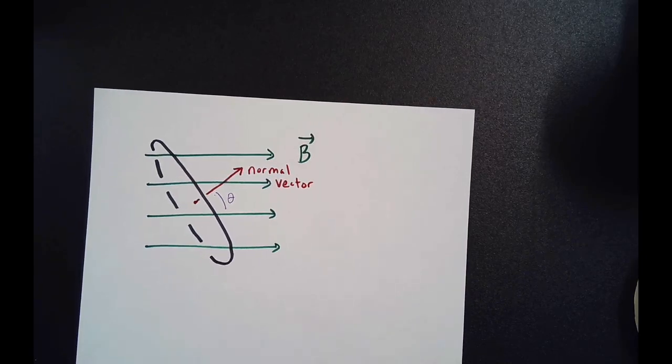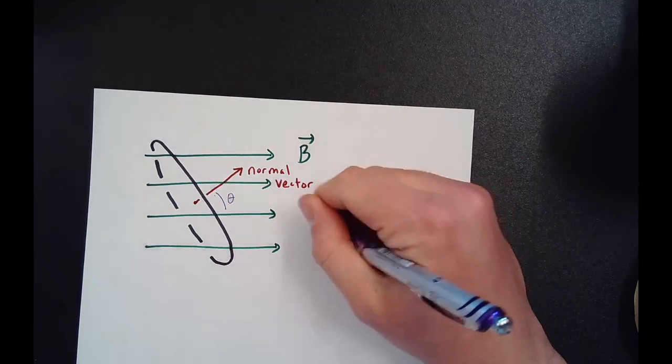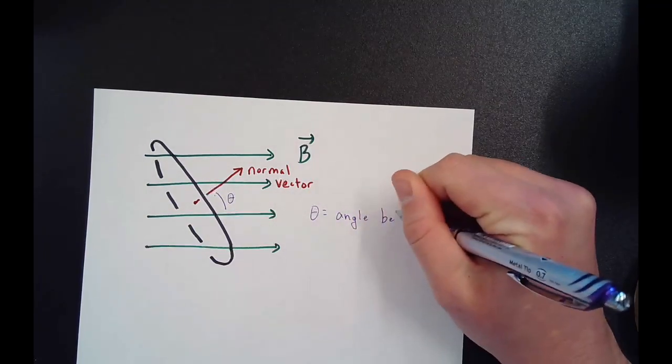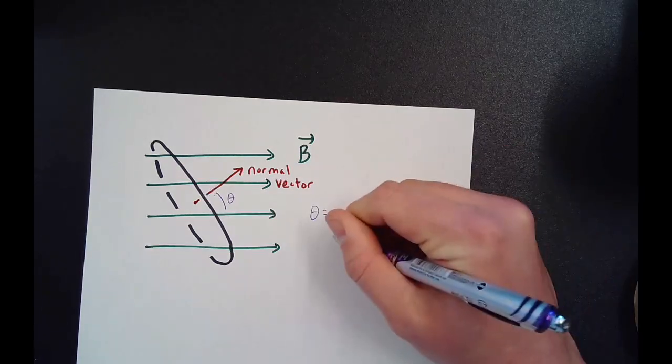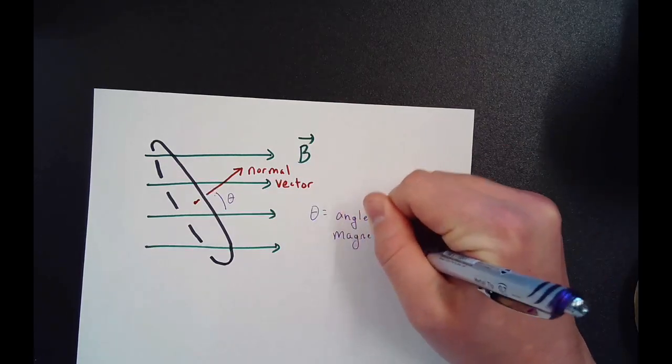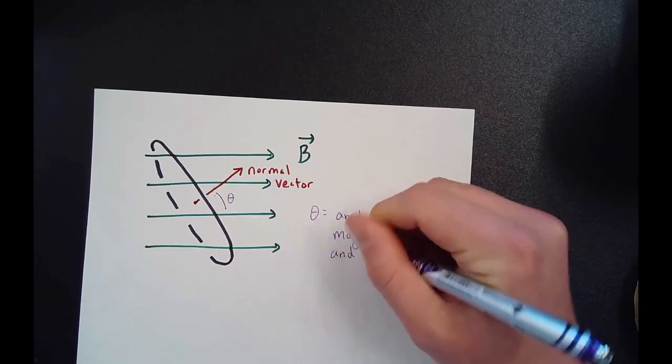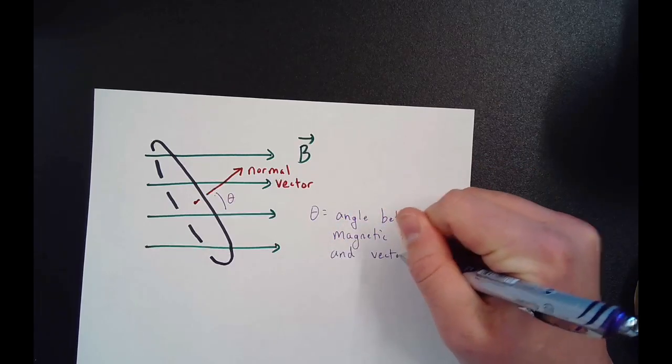So theta is, by convention, the angle between the magnetic field and the vector normal to the loop's area.